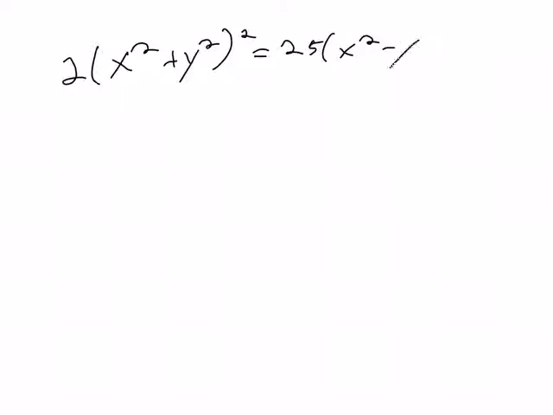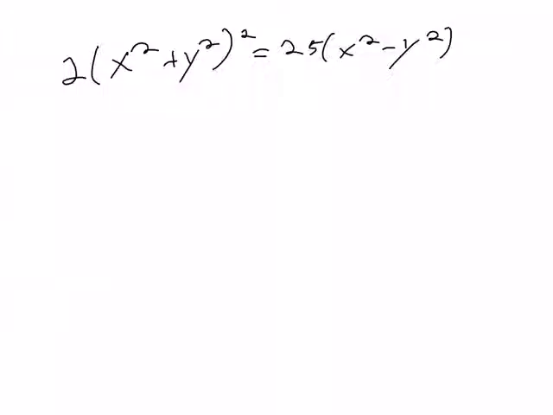So the curve is 2 times x squared plus y squared, squared, is equal to 25 times x squared minus y squared. And we want to find the point where the tangent is horizontal. So basically we want to find the point where y prime is equal to 0.